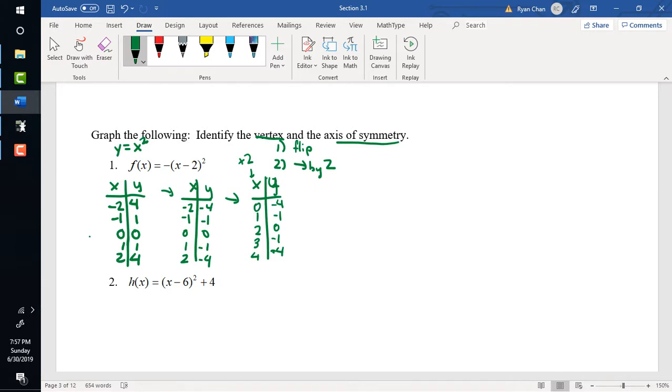This is where your vertex was originally. And then notice where your vertex ends. So your vertex is going to be (2, 0). And then your axis of symmetry is actually going to be the x-coordinate of your vertex. So you'll say x is equal to 2.